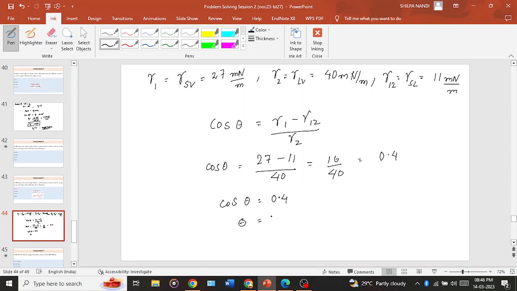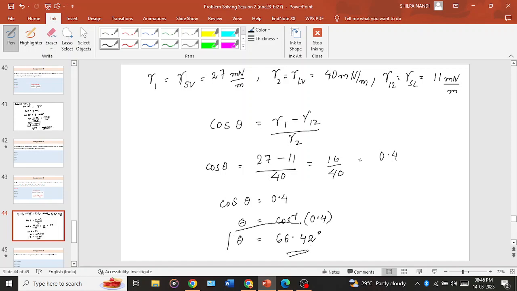How much will be the theta? That you can find out by putting cos inverse 0.4. So you just need your calculator with you, so that you can put in the value for theta. Cos inverse 0.4 will come at approximately 66.42 degrees.